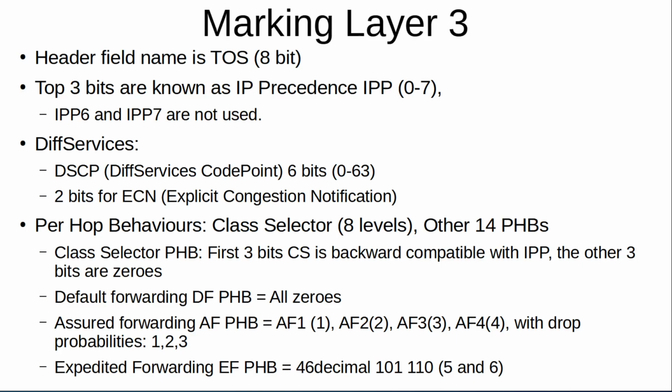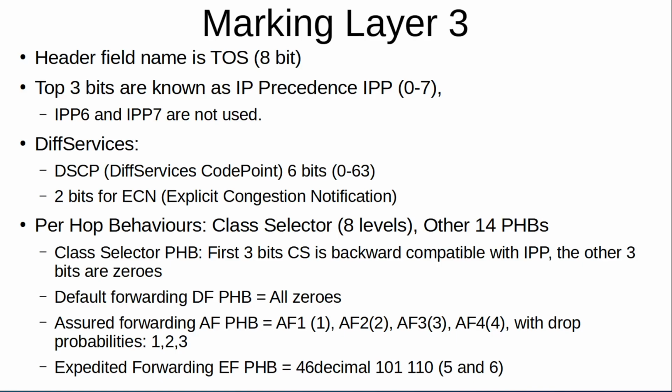You can use all 64 values for your own purposes within your network, but the actual standard tells you that you can choose either class selector per-hop behaviors or 14 other per-hop behaviors.